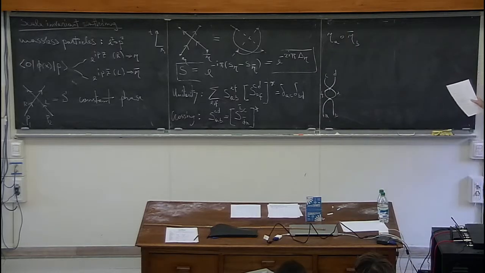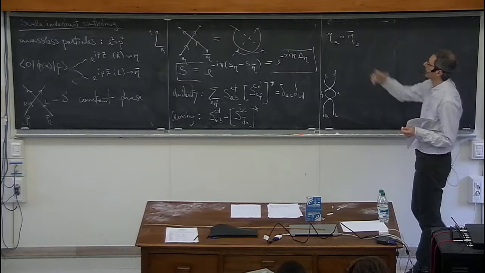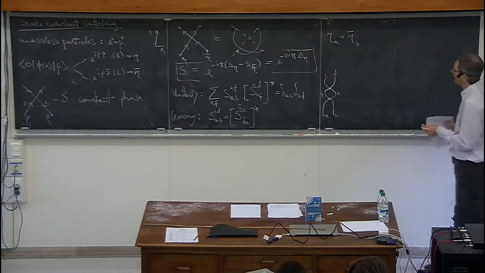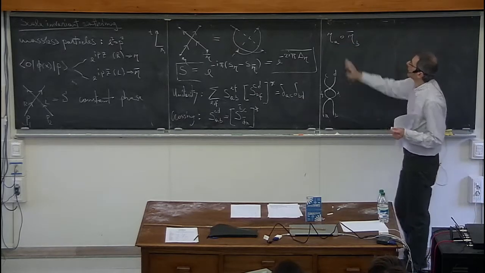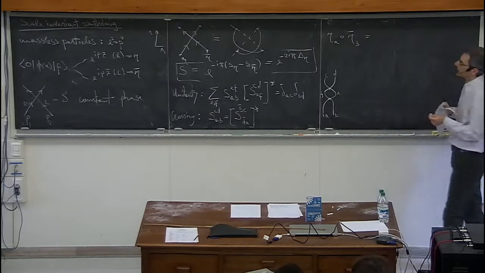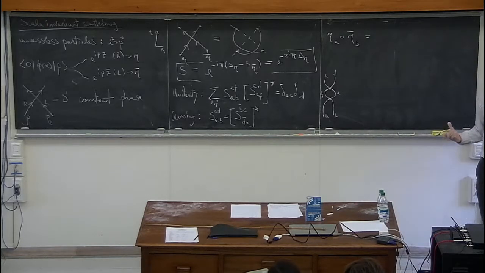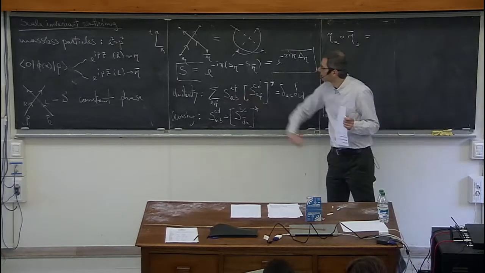I take the scattering of right mover and left mover. This just means that I take them to scatter. After the scattering, they exchange their position, so I will have eta bar before eta. But in the scattering, they also produce a scattering amplitude.